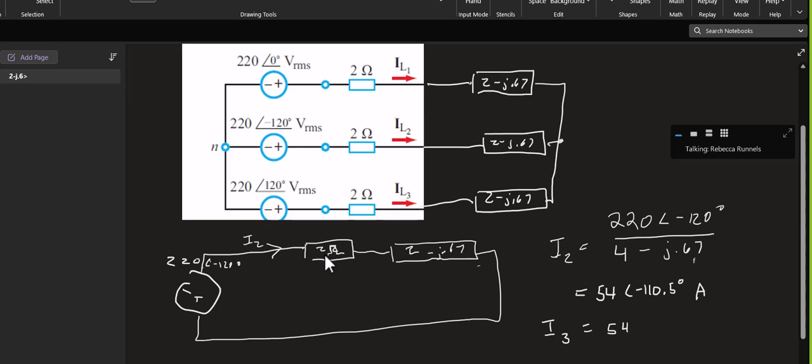I know it's going to be 54, and I would subtract 120 from 110, but when I do that, I would get a number that is not between negative 180 and positive 180.